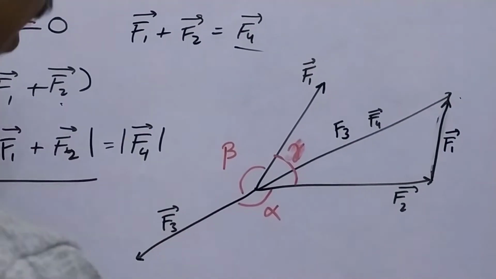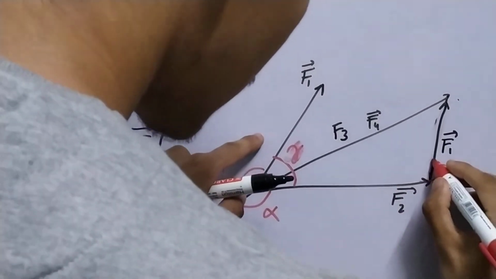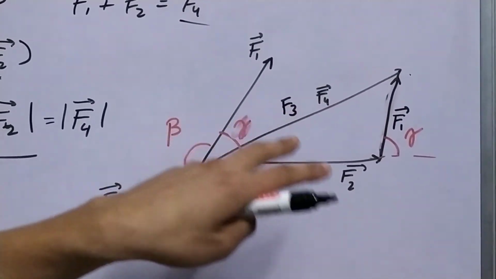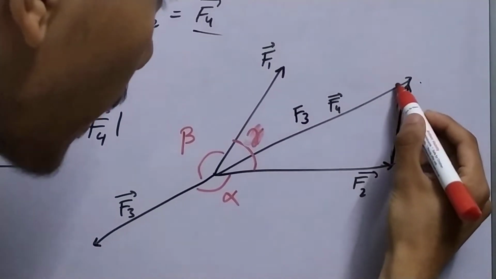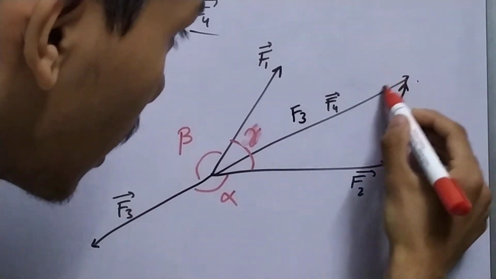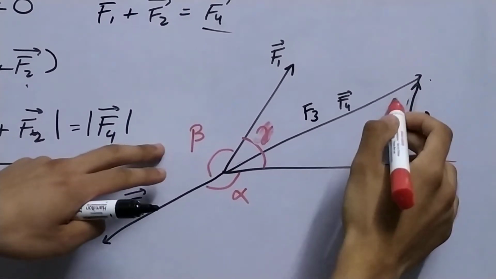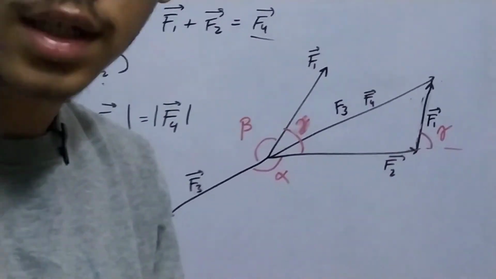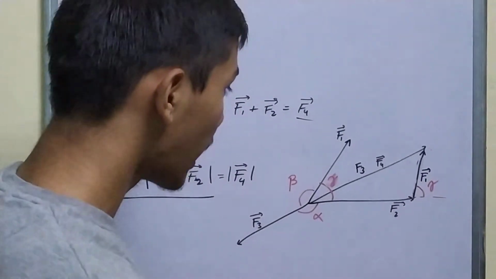So if this angle is gamma, this angle will also be gamma. We are trying to find a relation between F1, F2 and F3, so we'll find this triangle and we are trying to relate angles in this triangle to alpha, beta and gamma, so that we can use the sine law and then find a relation.